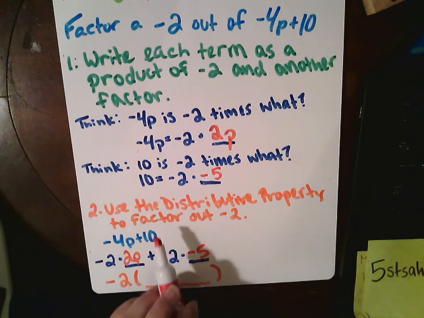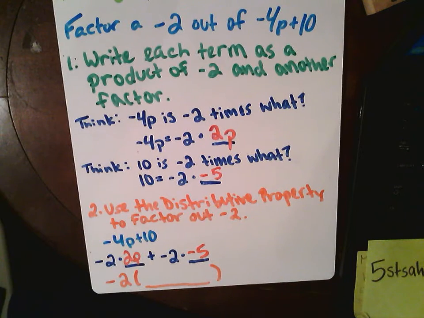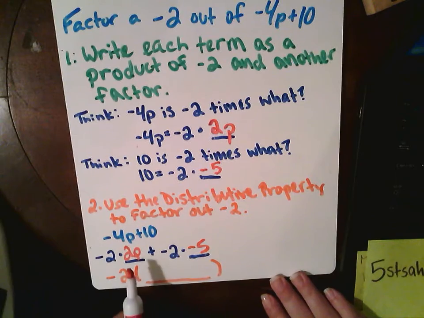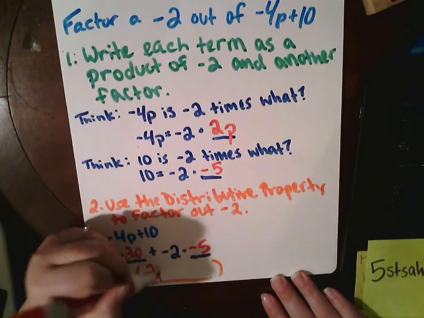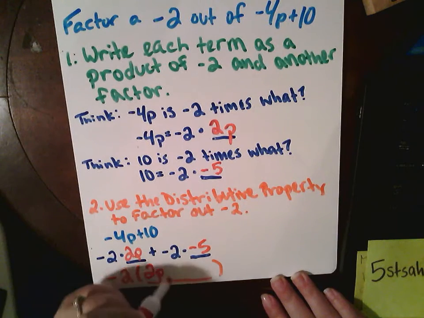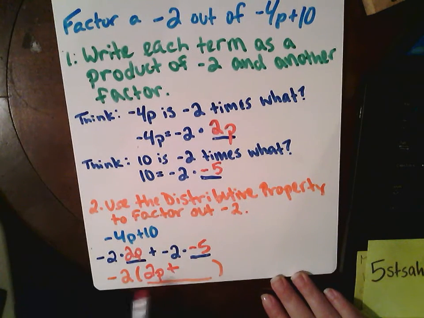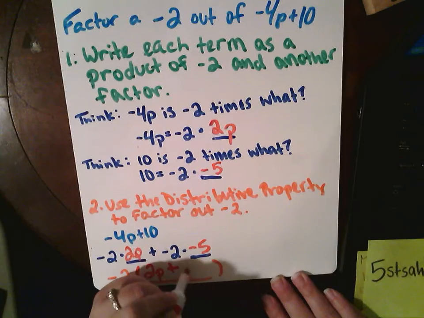And now I'm using that distributive property to rewrite as simply as I can, because I don't need to say -2 twice, so I'll have it over here. And then I write whatever's left over inside of my parentheses. So I have the -2. I need a plus sign. I have my -2 out here, and I have a -5.